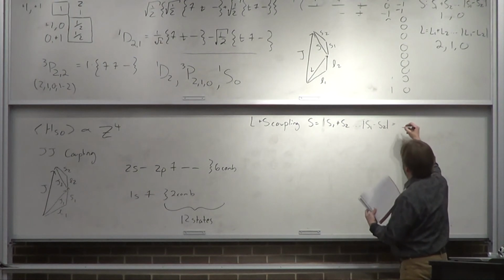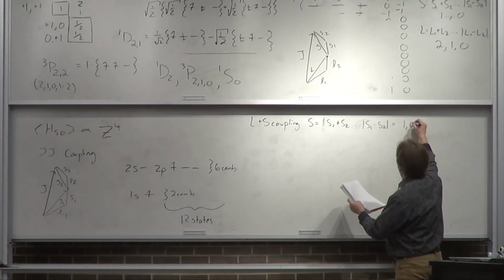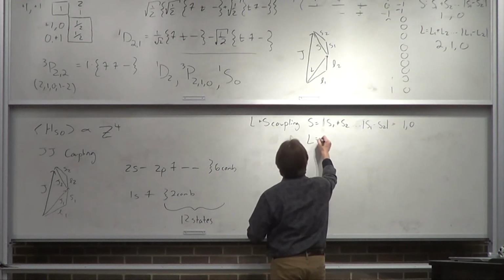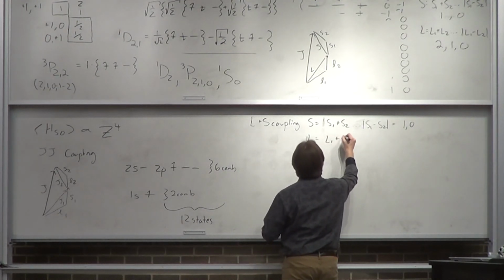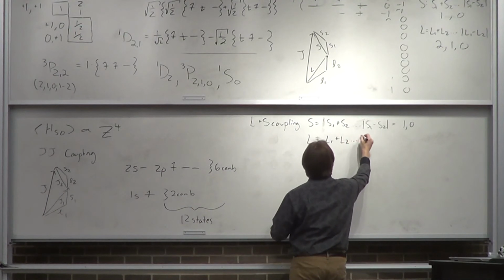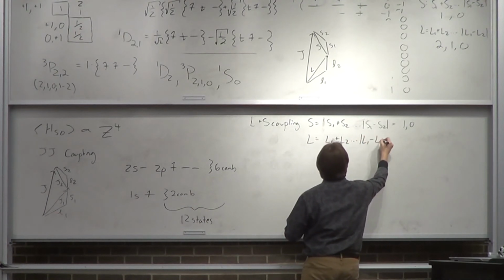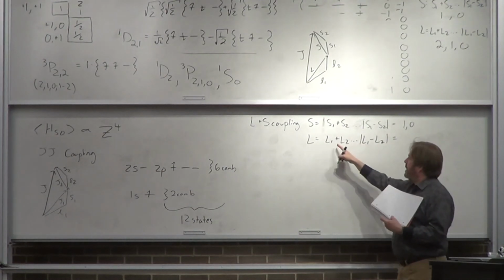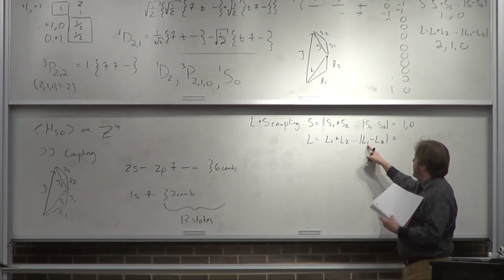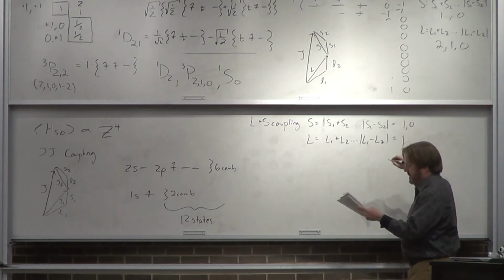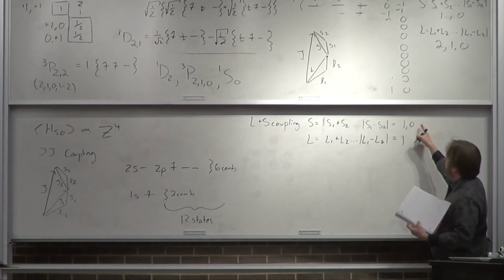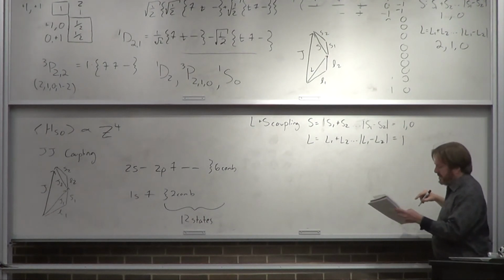It's 2 electrons, so it's going to be 1 and 0. When you have 2 electrons, it's singlet and triplet. L is L1 plus L2, that is 1 plus 0, 1 minus 0, so that's 1. Is that right? So that's a p state. So I've got singlet, triplet, and I've got p states.